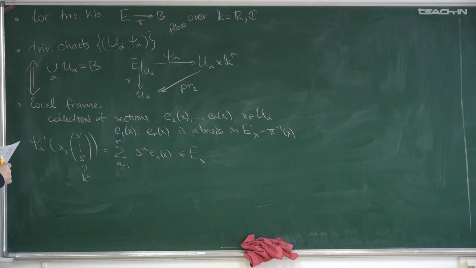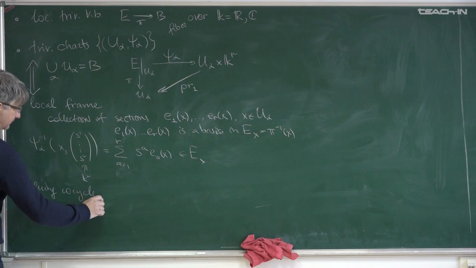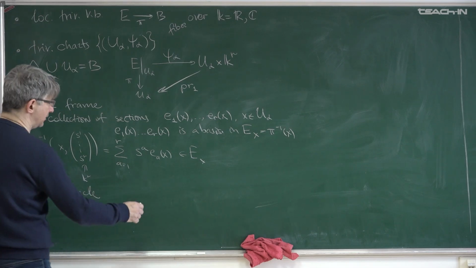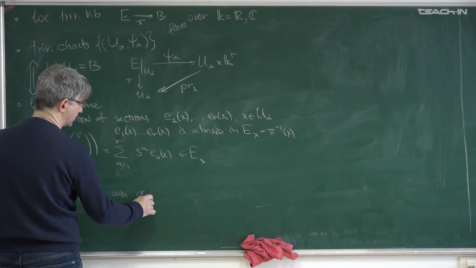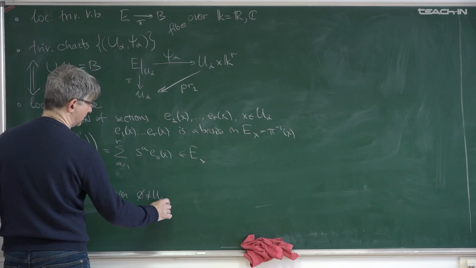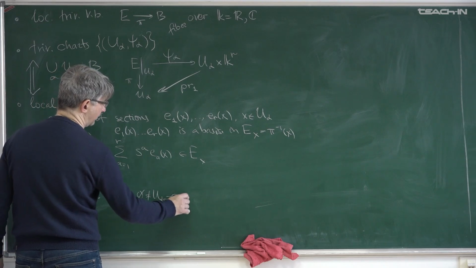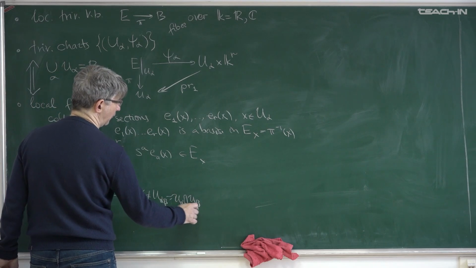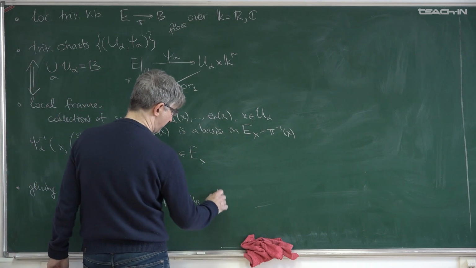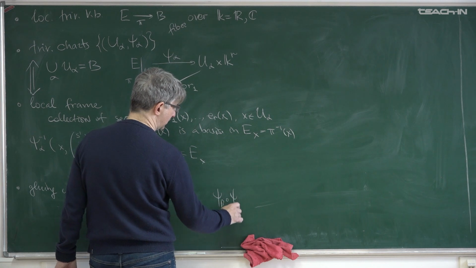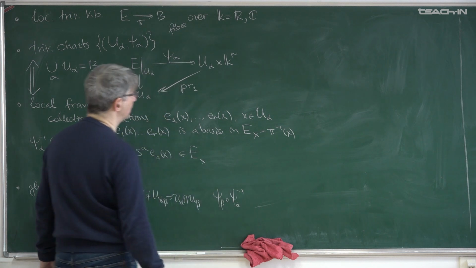This is correct. Okay, gluing cocycle. Over a non-empty intersection U alpha beta, which is U alpha intersected with U beta, we can consider the function psi beta psi alpha inverse.